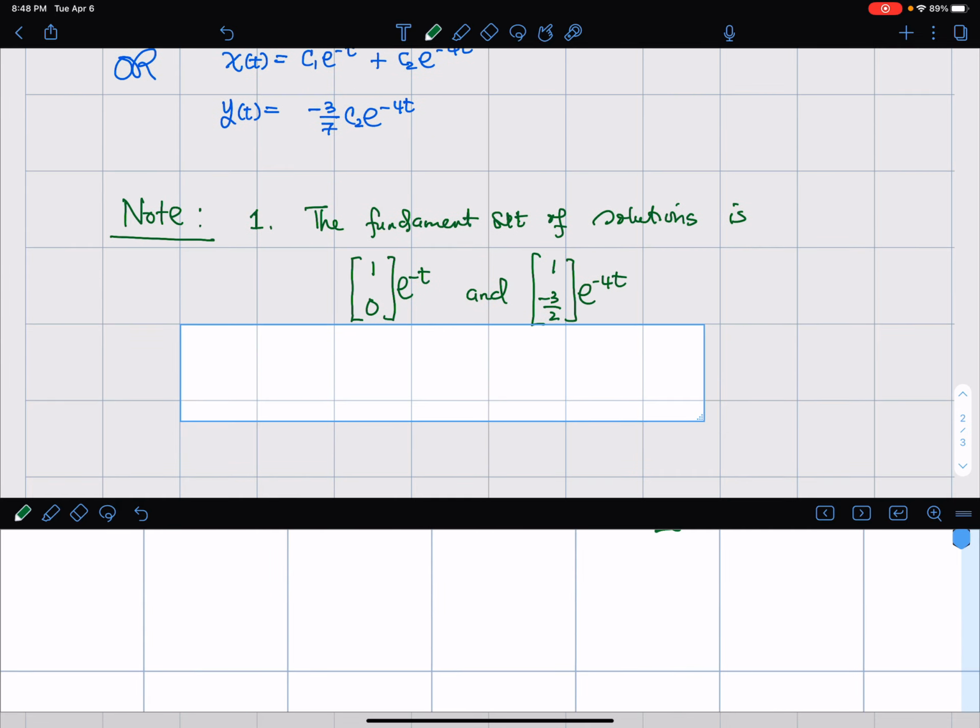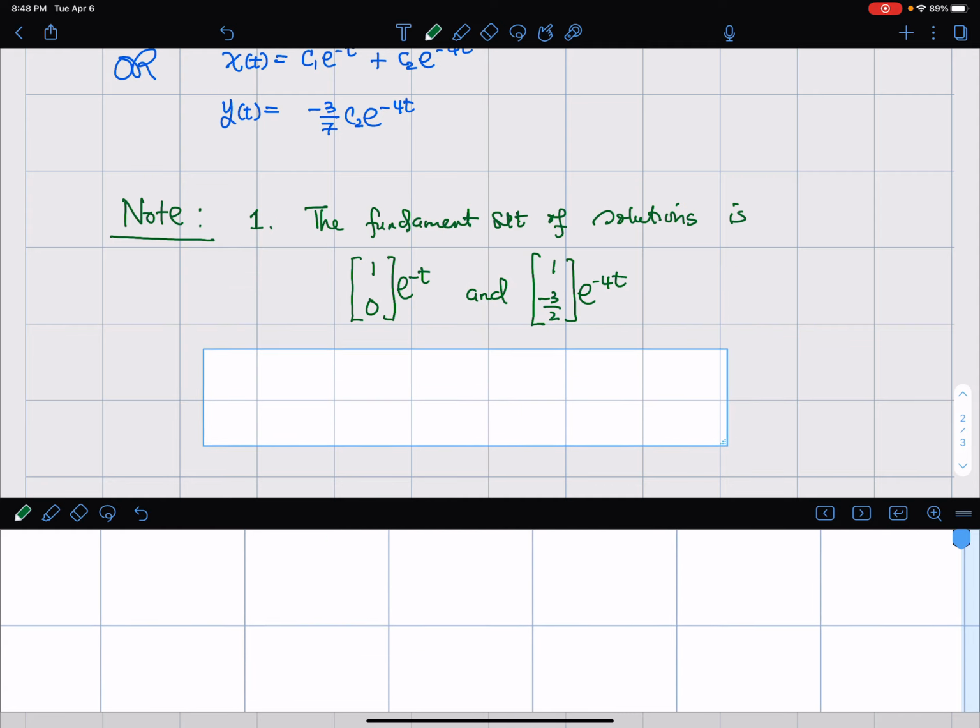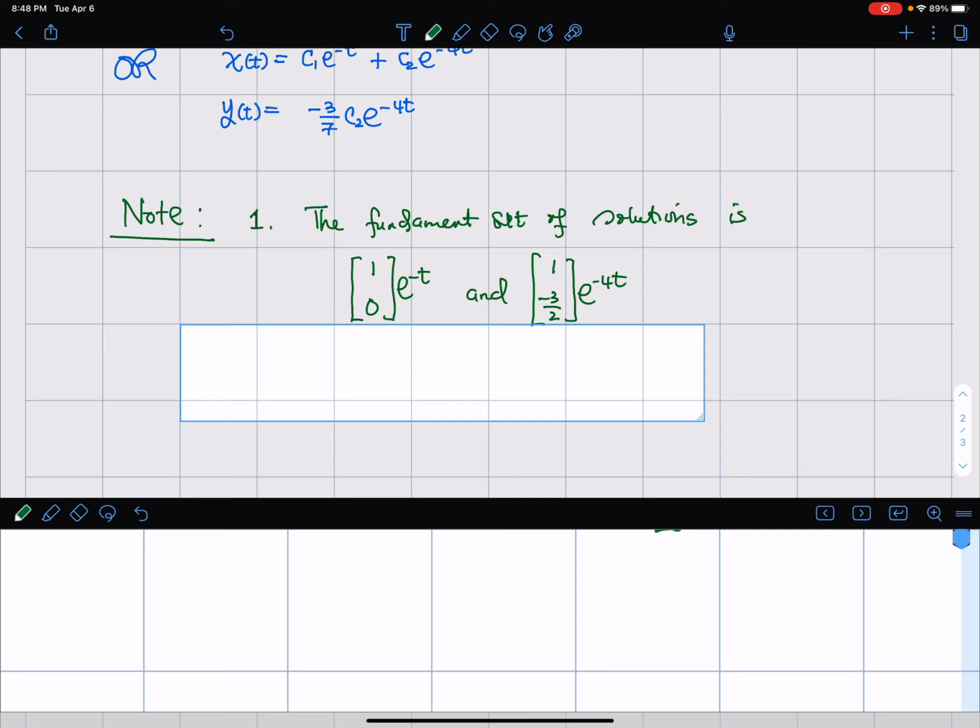Those are the fundamental set of solutions. Those two solutions form a fundamental set. And let's look at another thing. This fundamental set, they're linearly independent, right?